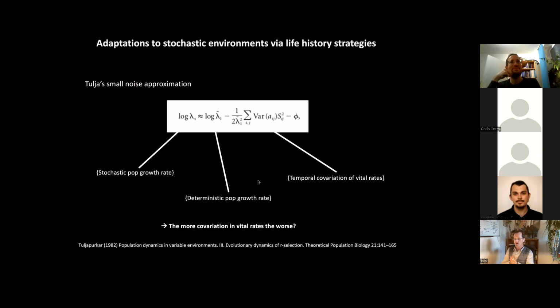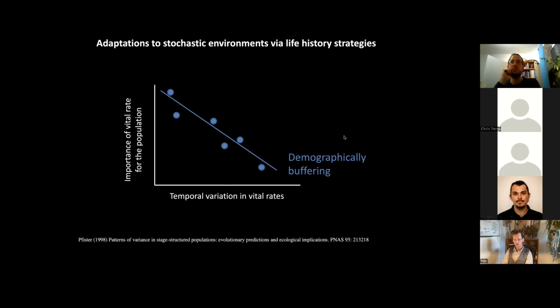In this case, minus the temporal covariation of vital rates. But it's not just any vital rate. This S here is sensitivity, the temporal covariation of the sensitivity of population growth rate with respect to vital rates. So the temporal covariation of the vital rates that matter the most, that control that population growth rate the most. From this small noise approximation, Kathy Boyce and colleagues, back in the late 90s, put forward the demographic buffering hypothesis.